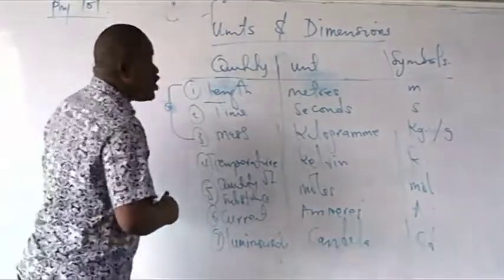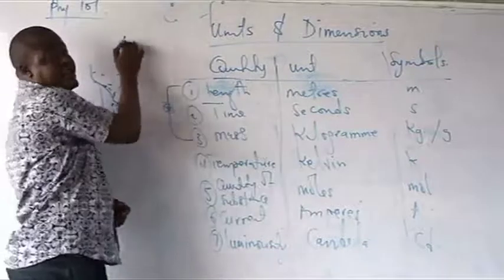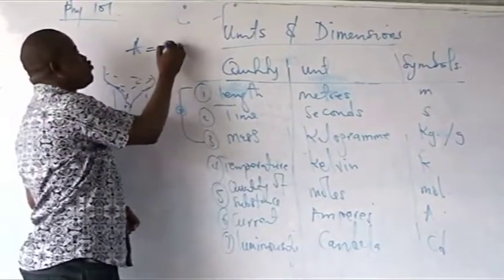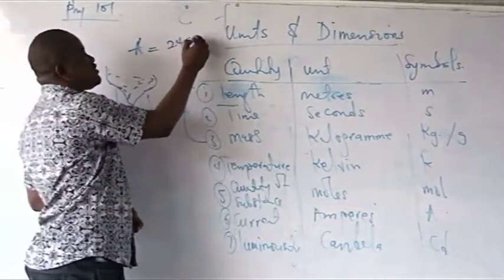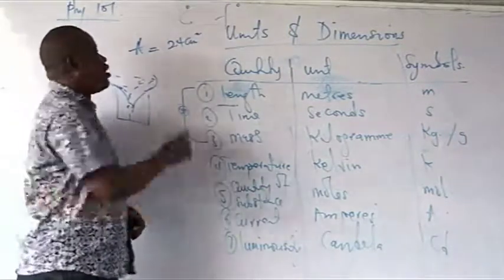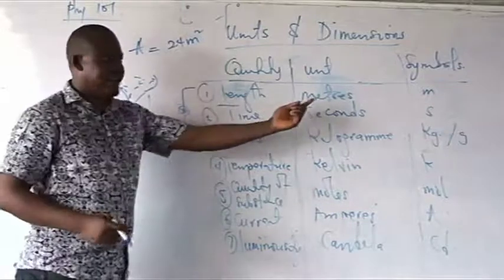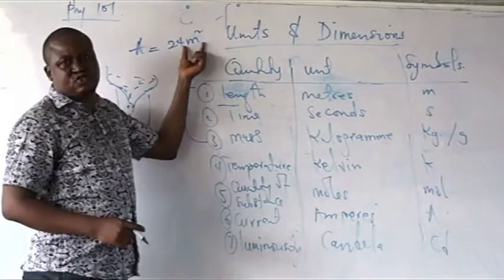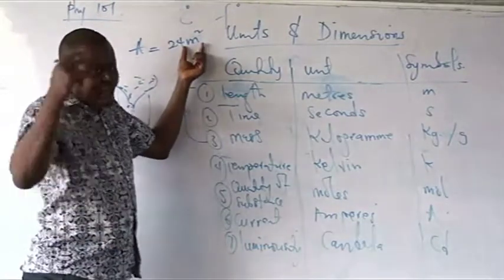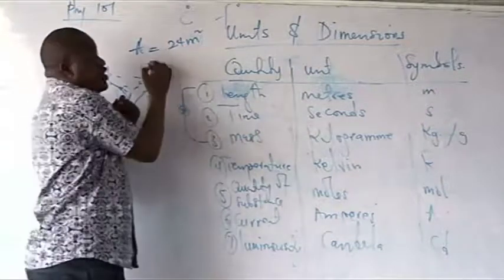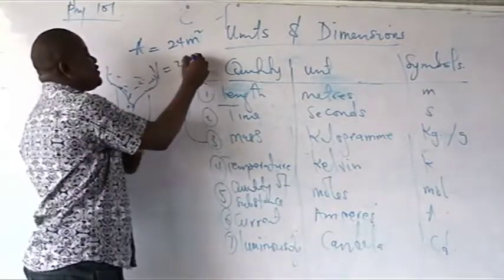Okay, let me give you this. When you were in secondary school, they used to calculate the area of a body. So maybe they'll tell you 24 centimeters square. Or maybe they may use meter square. Is meter not here? How many meters did you see? 2. That's why it's square. They will tell you the velocity of the body is 25 meters per second.